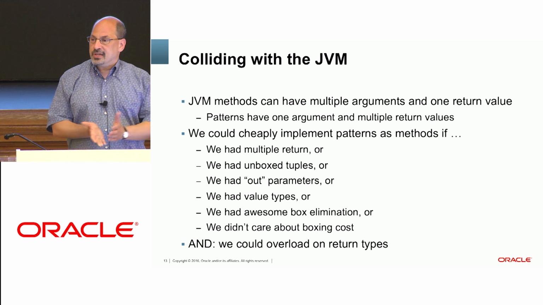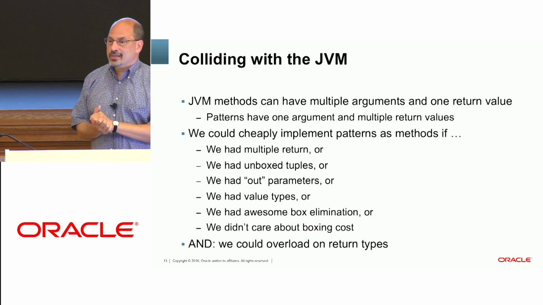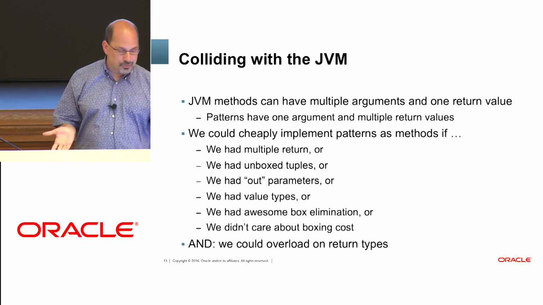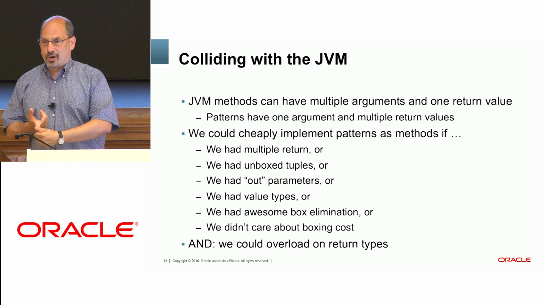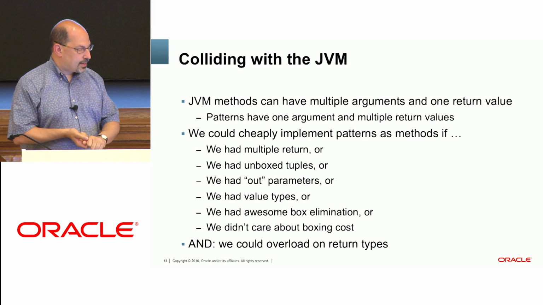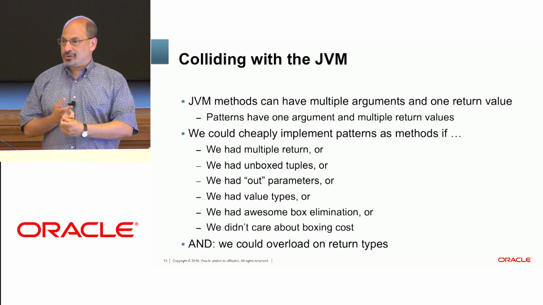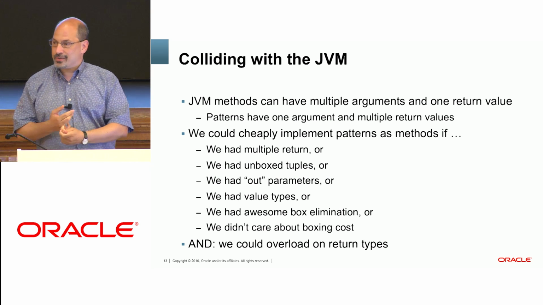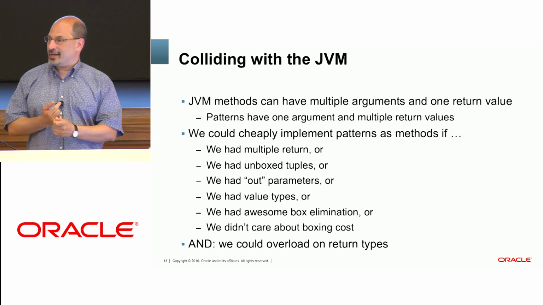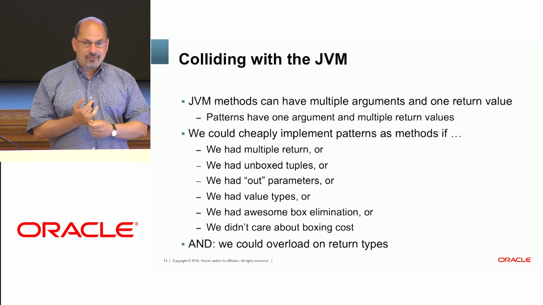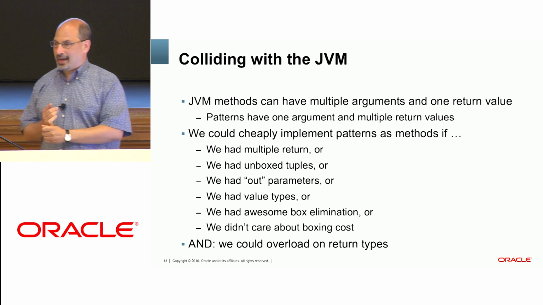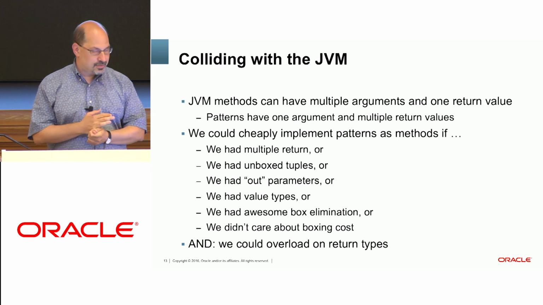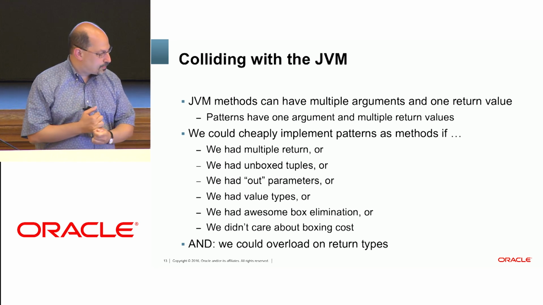And we could cheaply implement patterns as methods if any of the following were true. The JVM supported multiple return. Well, it doesn't do that. The JVM supported unboxed tuples. Nope, doesn't do that either. The JVM supported out parameters. That's kind of like multiple return, isn't it? If we had value types, well, we almost have value types, but we'd kind of like to ship this a little sooner than value types.